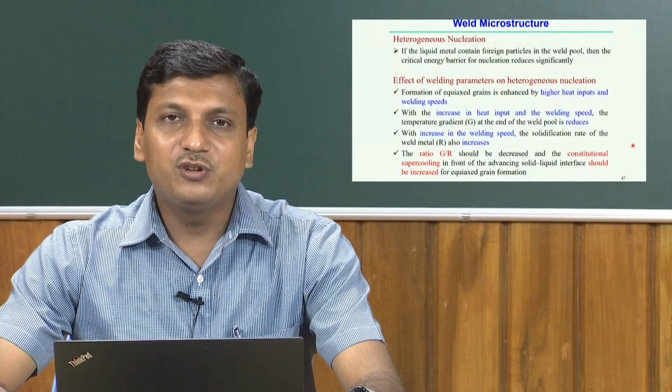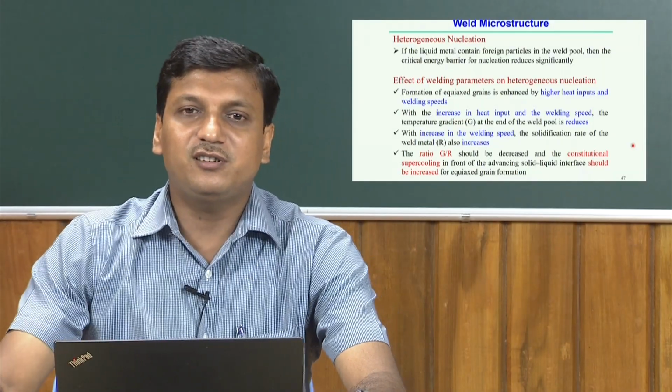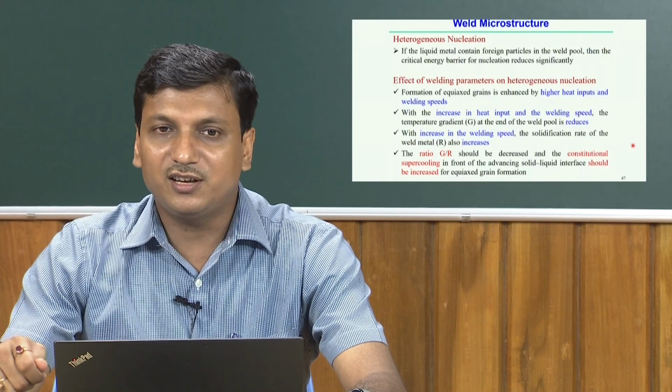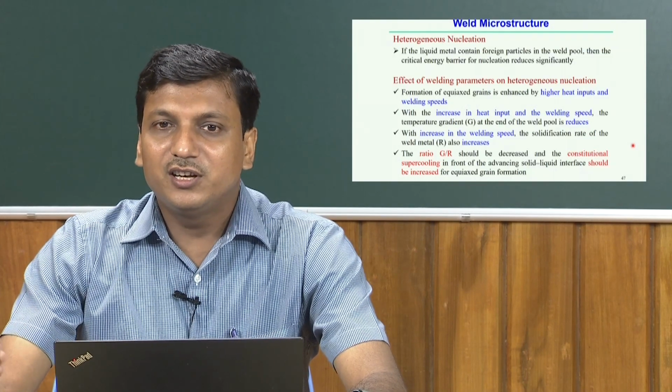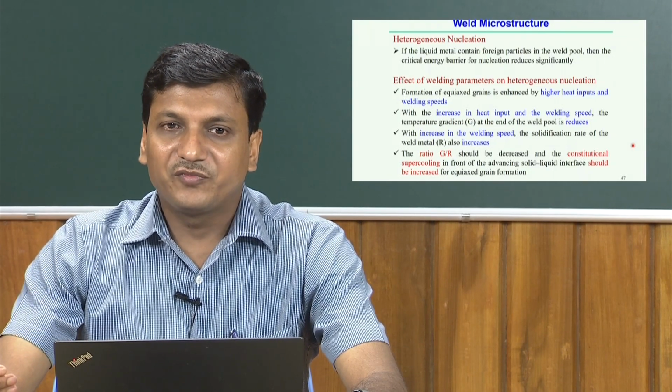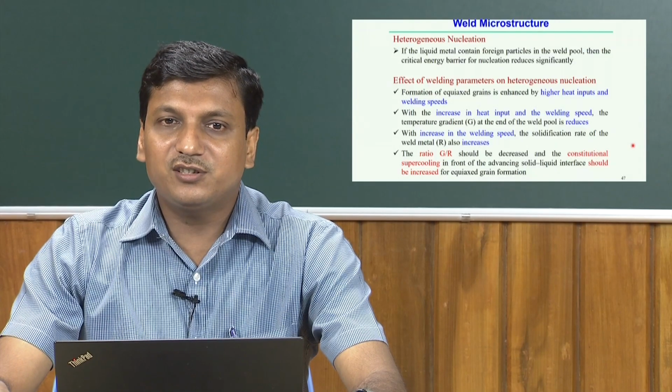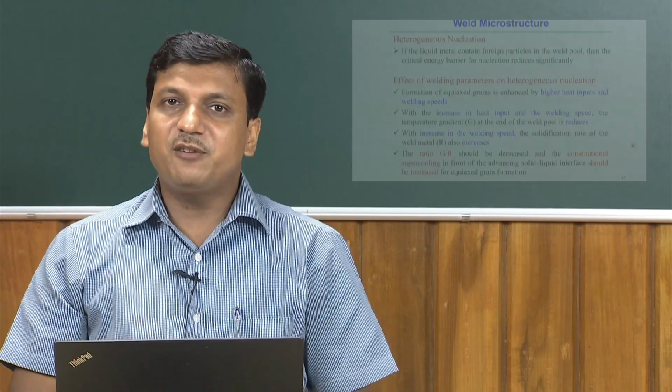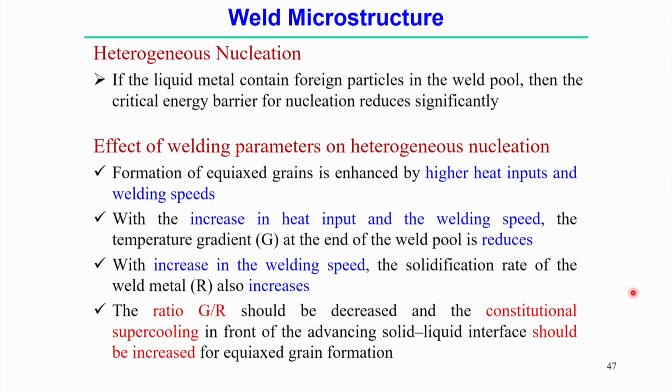Other way, increasing the welding speed also increases the rate of solidification. So, this is a decrement of the G value, that means a decrement of the temperature gradient, and at the same time an increment of the solidification rate, which lowers the G by R ratio.